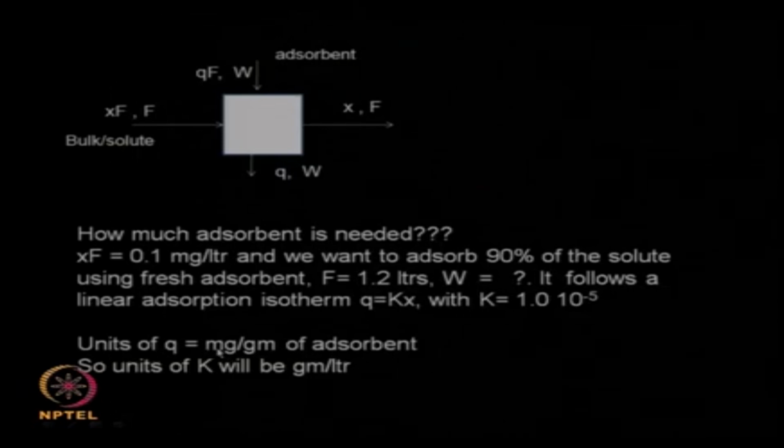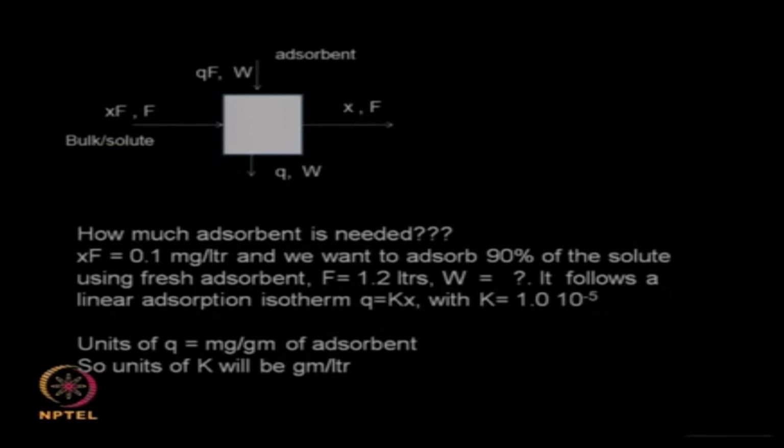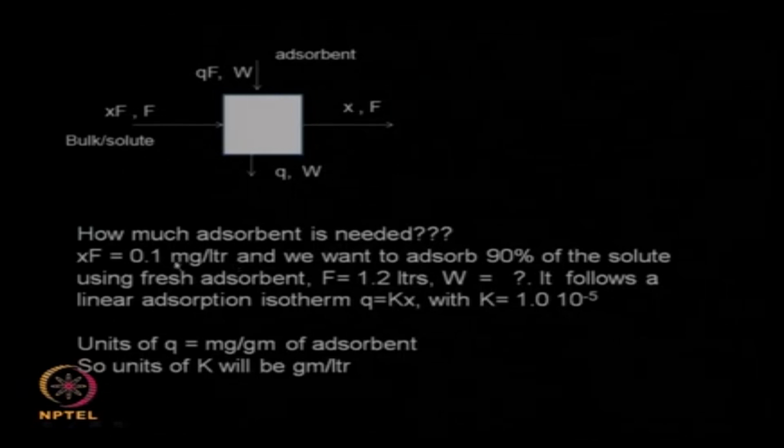Now, units of Q will generally be the amount of adsorbate adsorbed per gram or milligram of the adsorbent, whereas the units of X, please remember, will be milligram per liter of the solution, because X relates to the concentration of the adsorbate or solute in solution, whereas Q relates to the amount of solute adsorbed per gram or milligram of the adsorbent.